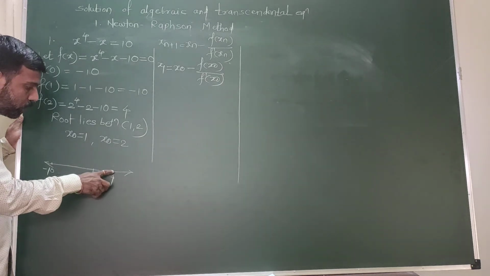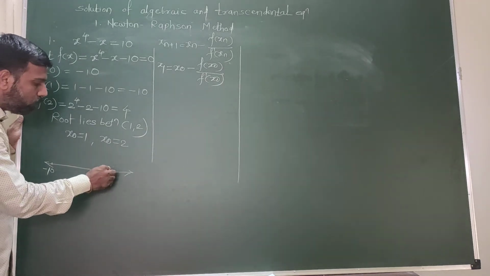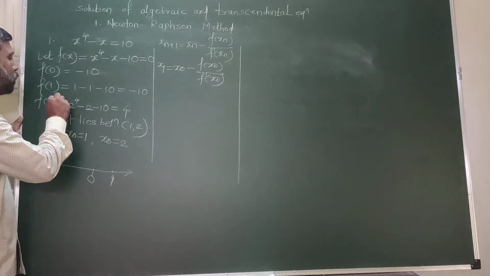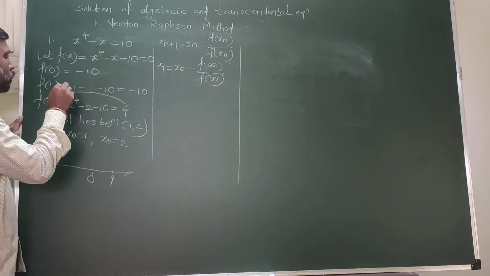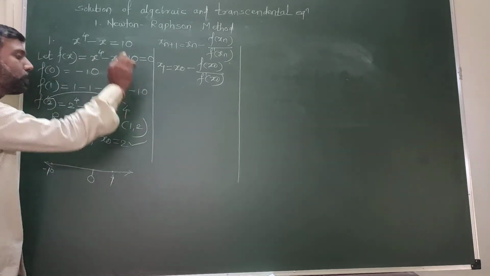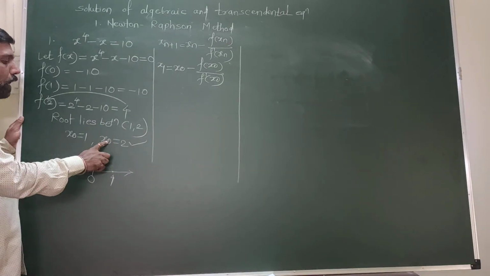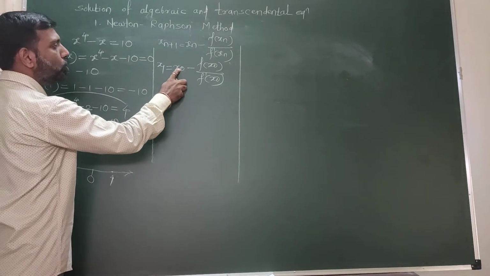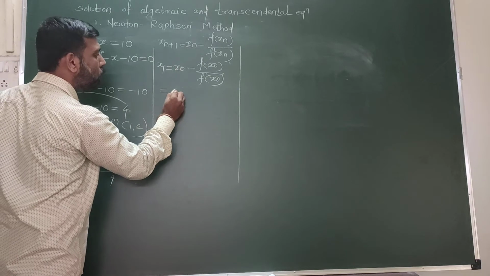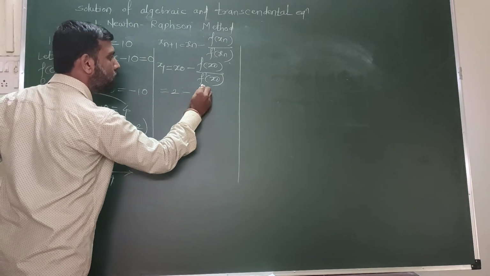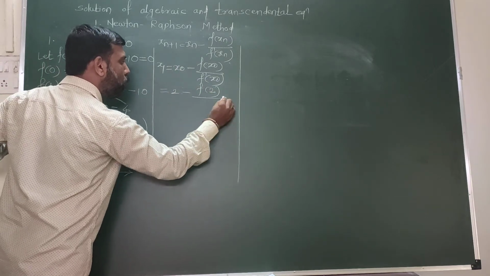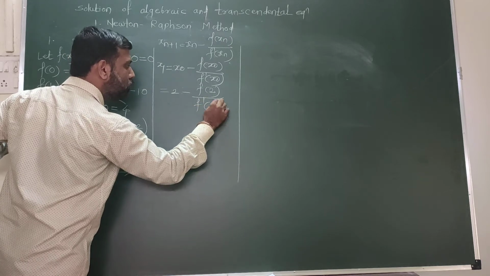So for this respective value, we assume x0 is equal to 2. Now substitute in this formula: 2 minus f of 2 upon f dash of 2.